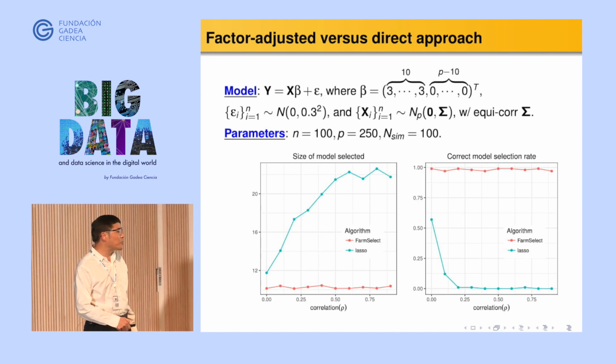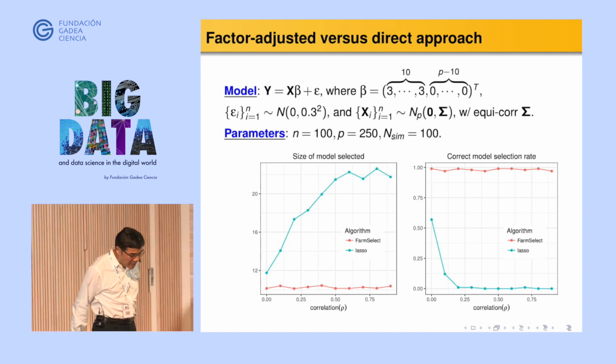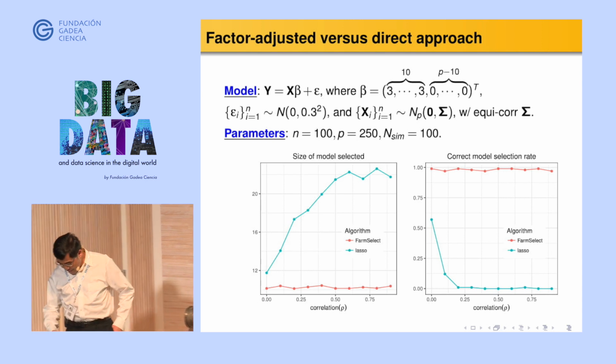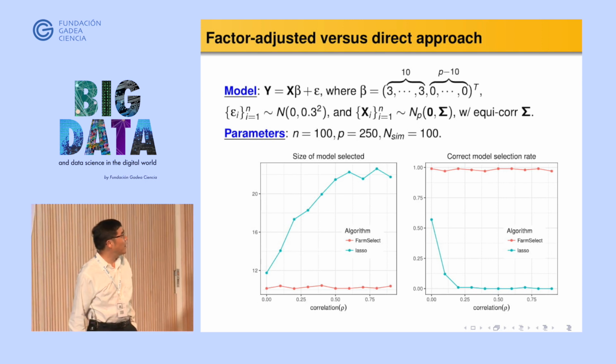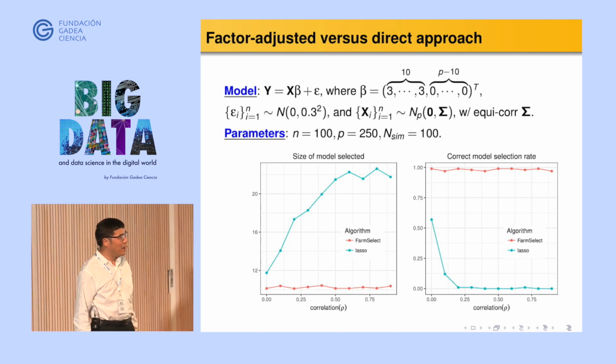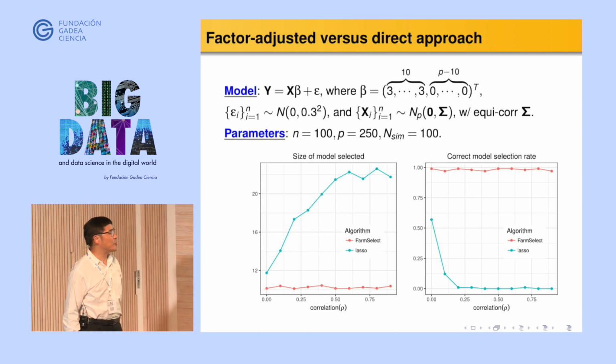So your selected model size is consistently about 10. In terms of model selection consistency rate, we are nearly 100% correct, and lasso is nearly 0 as dimensionality increases. So this really shows the power of lifting, of factor adjustment.